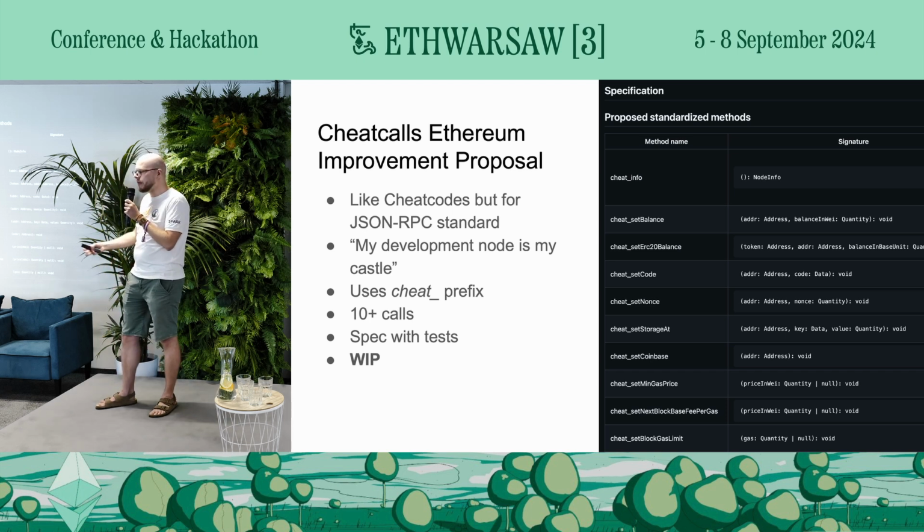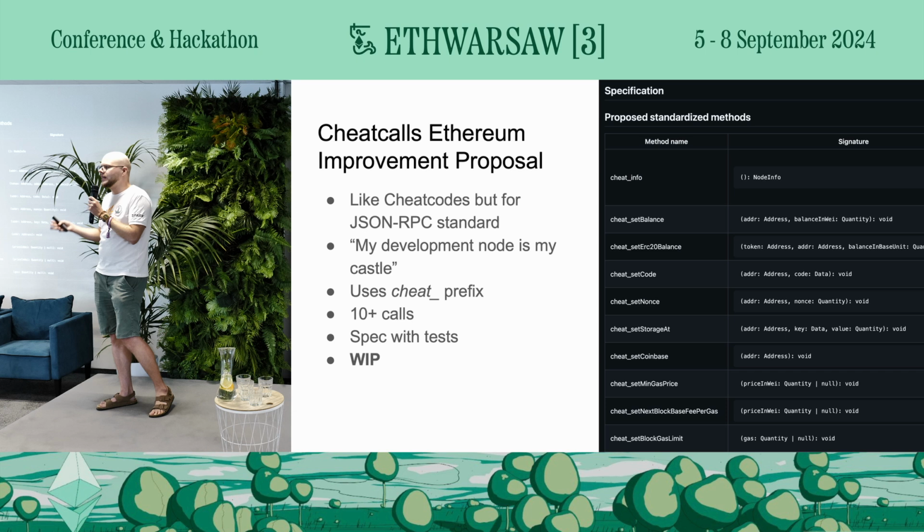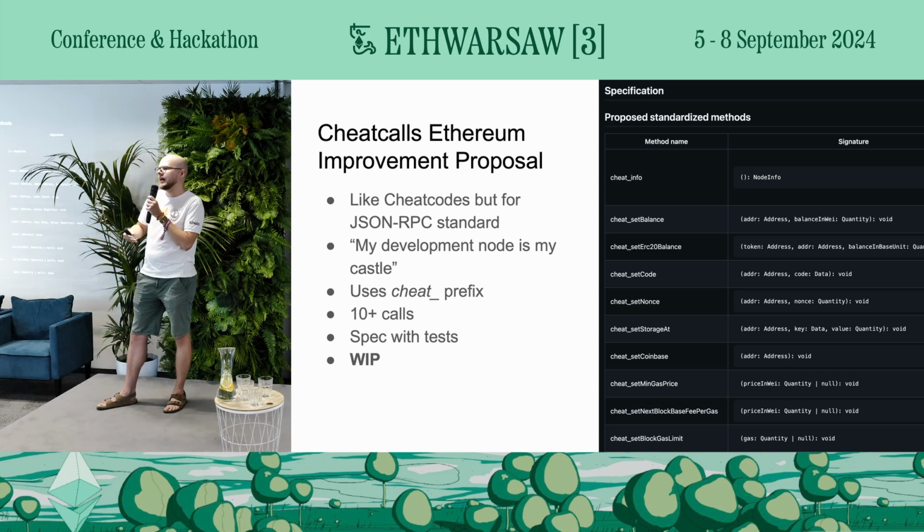So basically, as I described, it follows this mantra of my development node is my castle. You should be able to do whatever you want on your own development node. You should be able to put it into a certain state to test certain scenarios, and the software should help you with that.